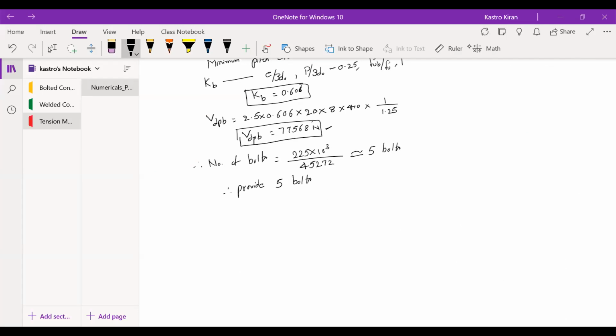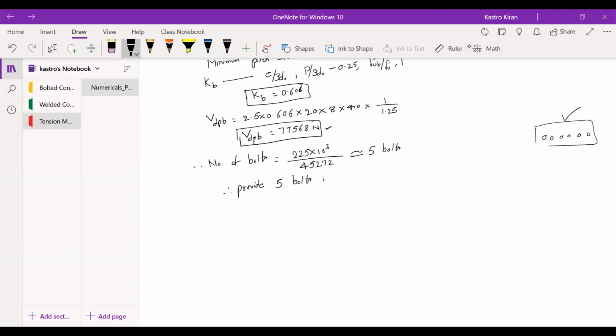Now, how will you provide them? We have only 2 options. One is to provide the bolts in the zigzag type or provide the bolts in the chain type. For calculation purposes, we are going to select the chain type of bolting in order to avoid the complicacy involved in the zigzag type. So I'm just taking the chain type of bolting here.